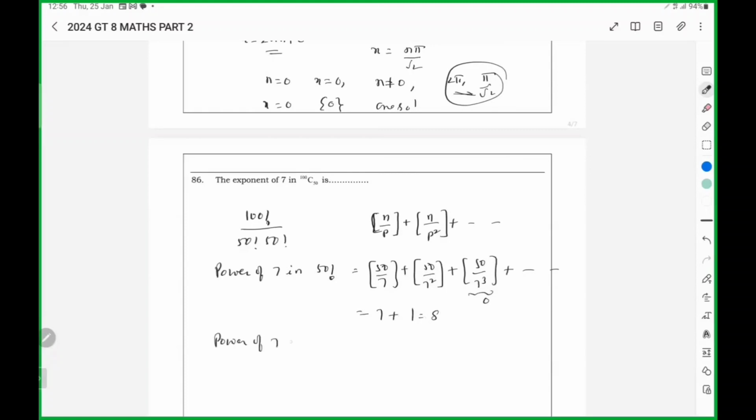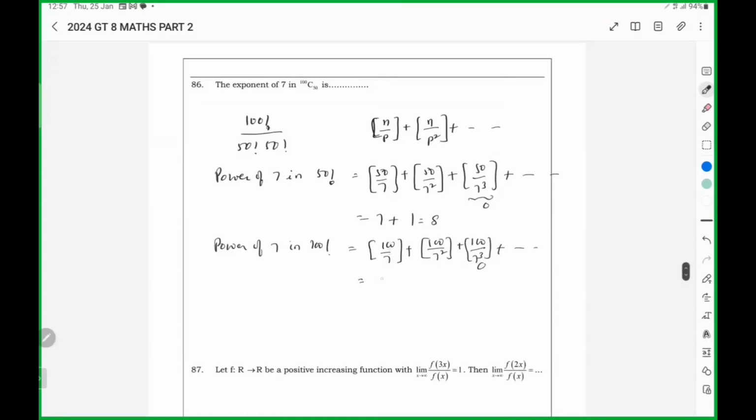Power of 7 in 100 factorial is 100 by 7, 100 by 7 square, which is 0. Here it is 14, 2, so 16. So the numerator power of 7 is 16, denominator 8 plus 8. So finally there won't be any power of 7 after simplification.